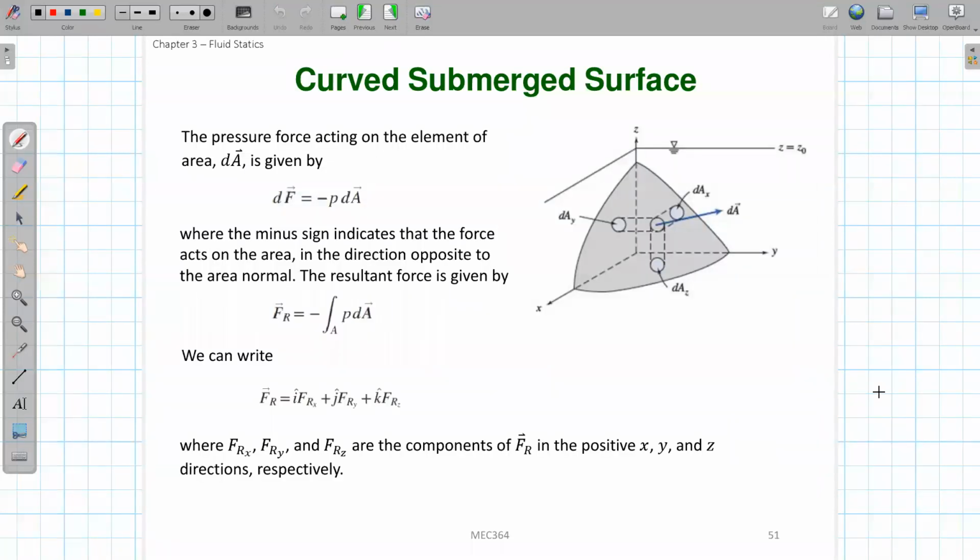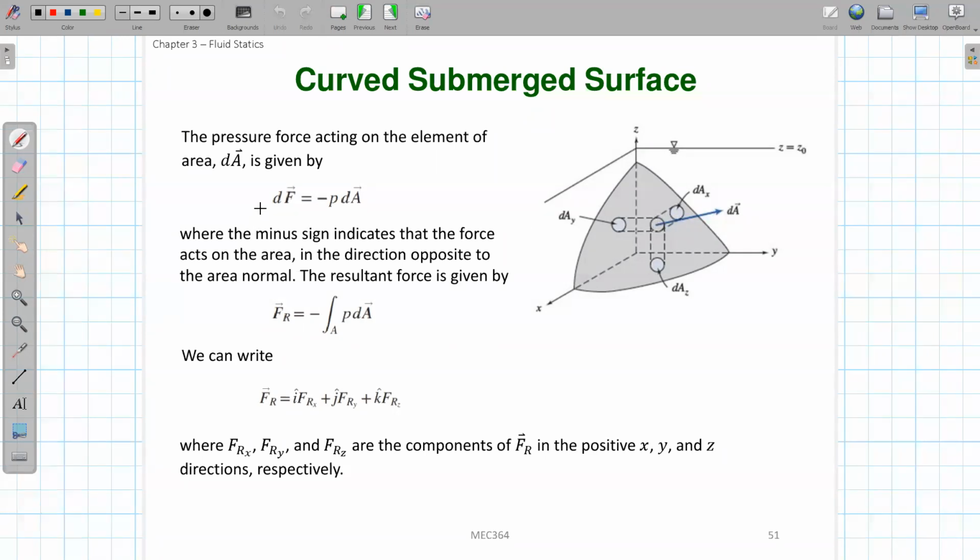Okay, so let's assume that we have this curved surface here, and this area dA. Remember, looking at this A here, I add an arrow on top, which means that this area element is also a vector. And the vector direction will be the normal direction of this area element dA.